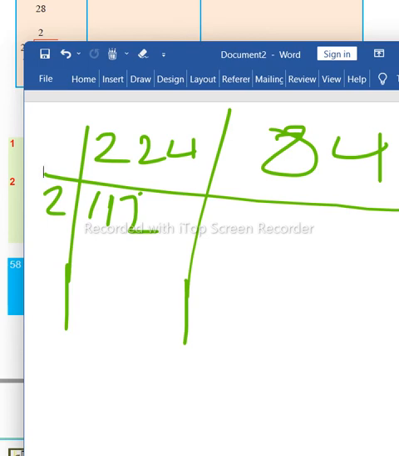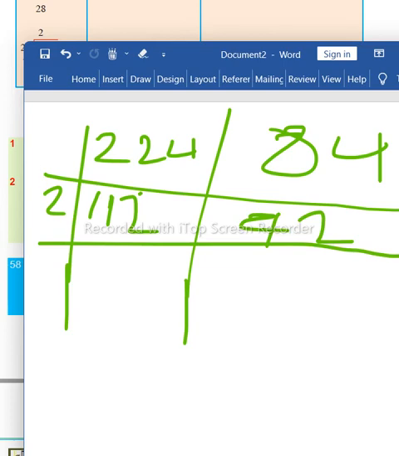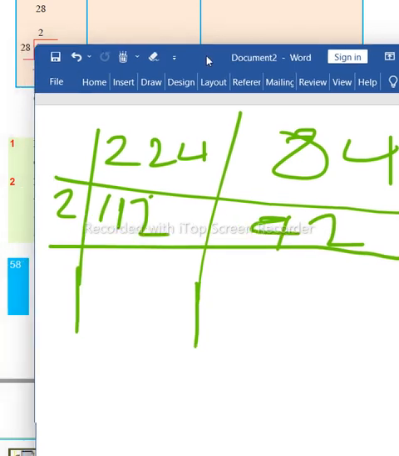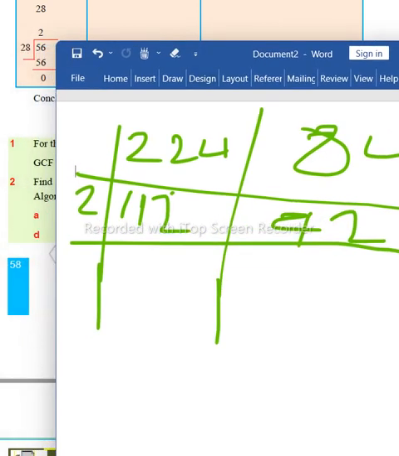Again, we divide 84 by 2, we get 42. We divide until one of them is a prime number. Also, we divide this 112 by 2.